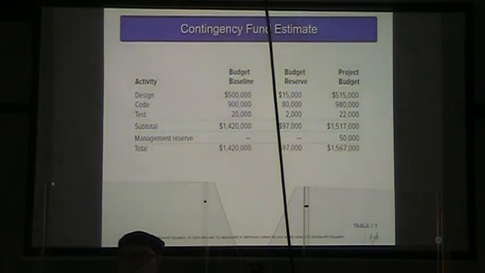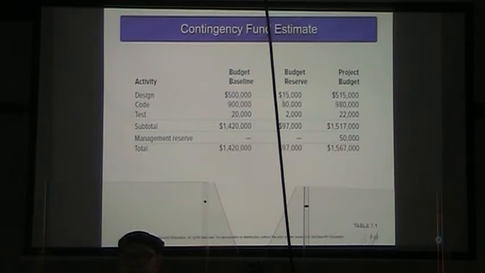All right, so here we have a contingency fund estimate. This is for some project. We have a budget baseline: $500,000 for design, $900,000 for making the software, and $20,000 for testing.